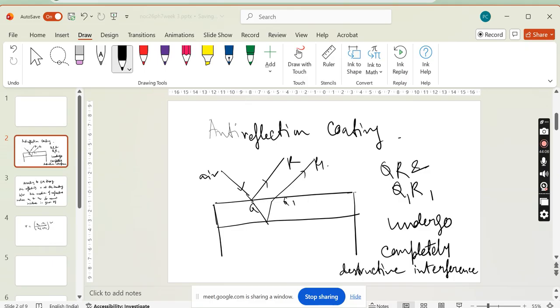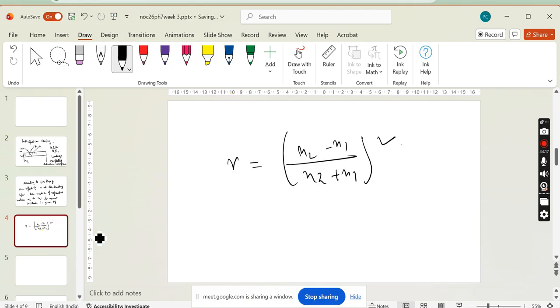Here the air has refractive index N0, NC is the refractive index of the coating, and this is NG. So QR is being reflected from air and coating, and Q1R1 from coating and glass.